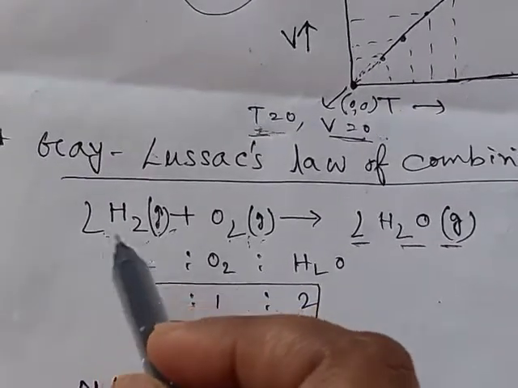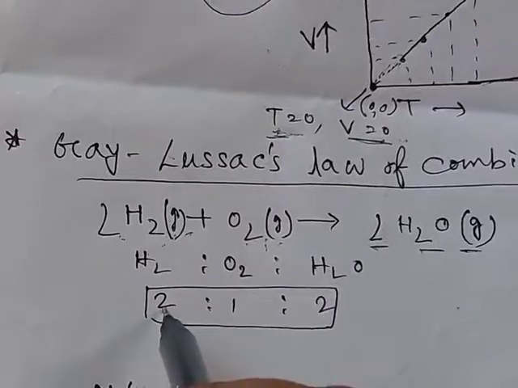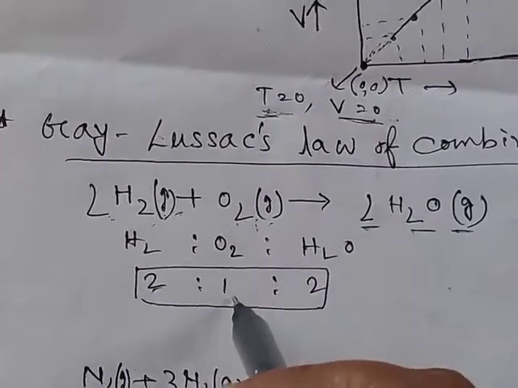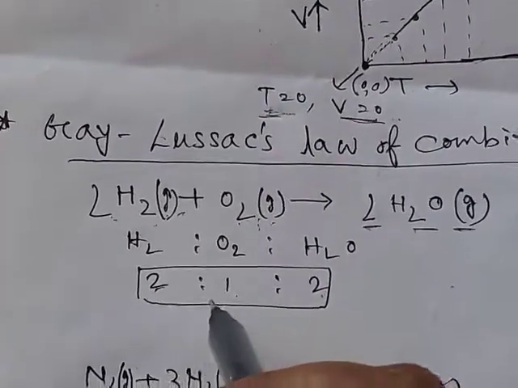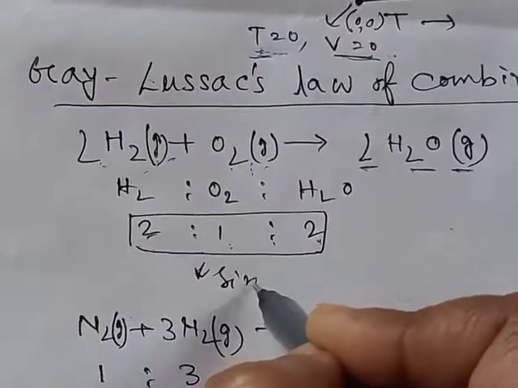So their volumes remain in a simple ratio. Volume of hydrogen 2, oxygen 1 and water 2. 2 is to 1 is to 2. This is a simple ratio.